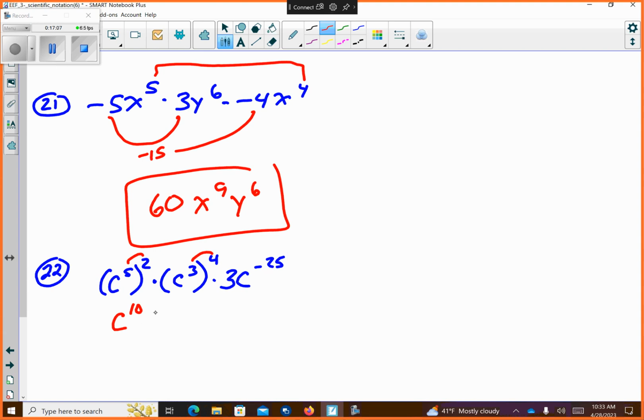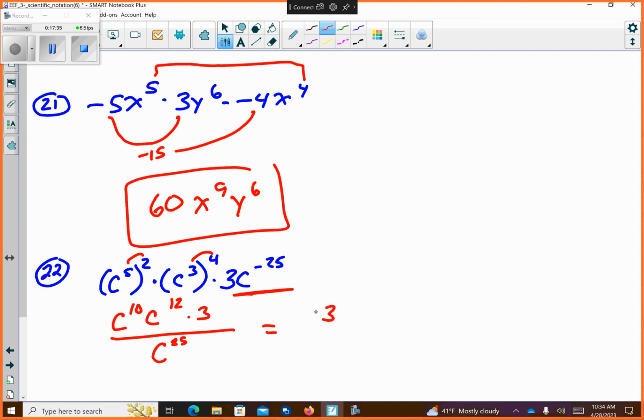Power to power, multiply the exponents. C to the 12th times 3. What does this c to the -25 do? C to the 25th, it moved down. Okay? Okay, so my answer is going to be 3.